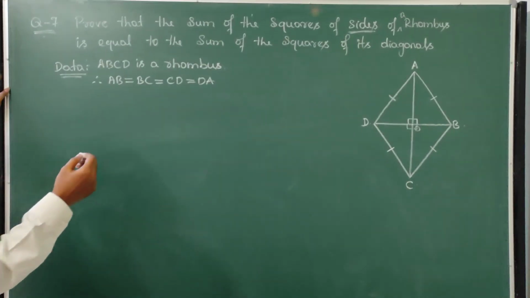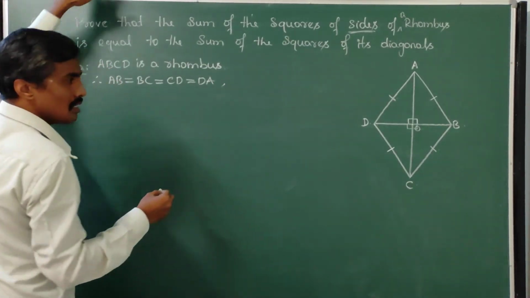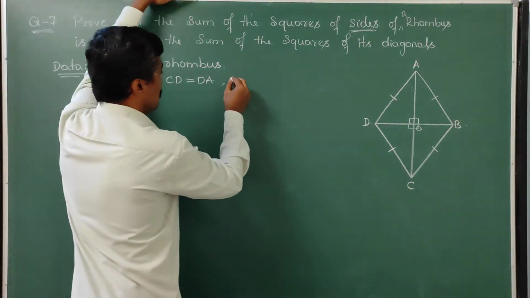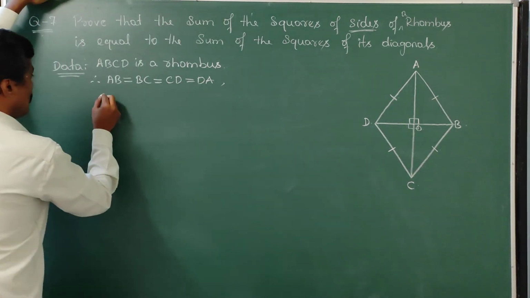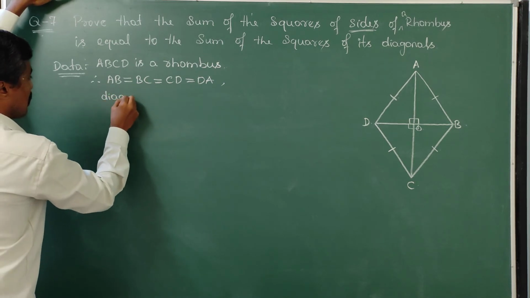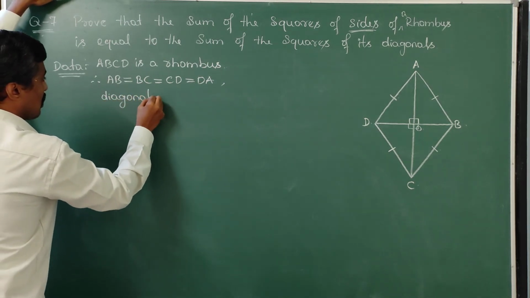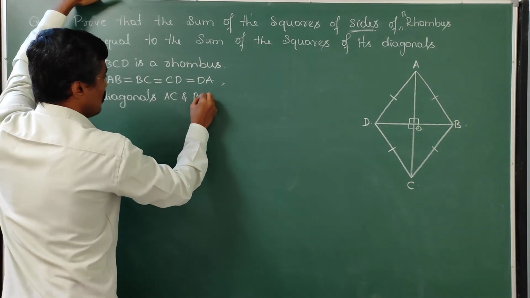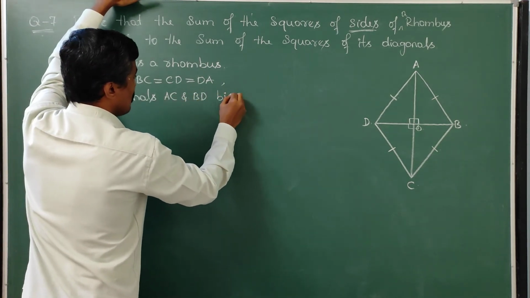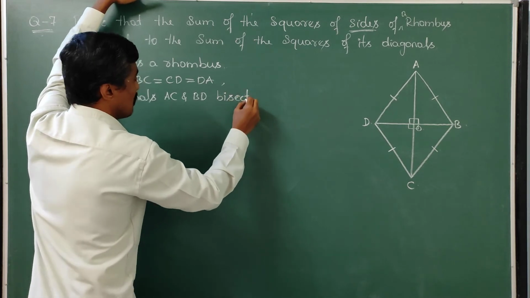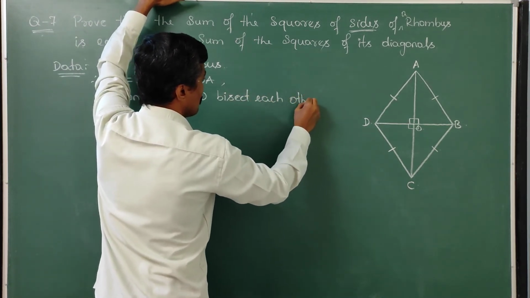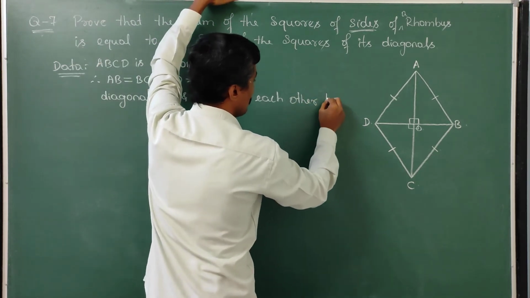That is the first property. The second property is diagonals bisect each other perpendicularly. Diagonals AC and BD bisect each other perpendicularly.